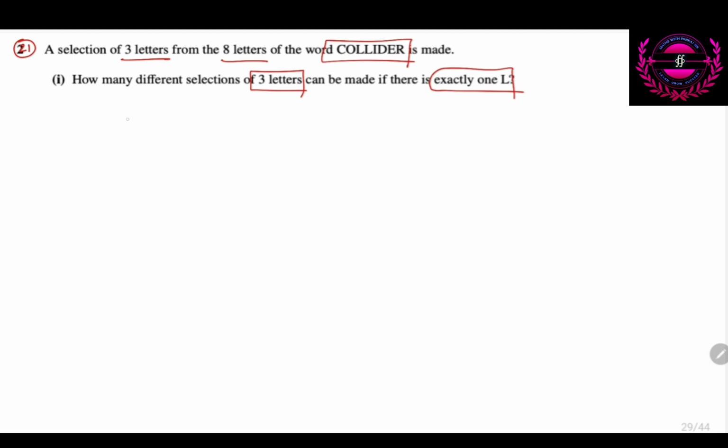So in collider, we have 2 L's and nothing repeating in the letters C, O, I, D, E and R. So if there is exactly one L, the remaining two letters can be chosen in how many ways? This is 3 plus 3, 6 letters. In 6, 6C2 ways.